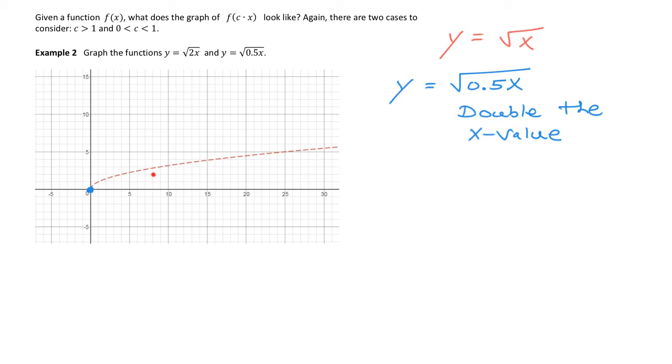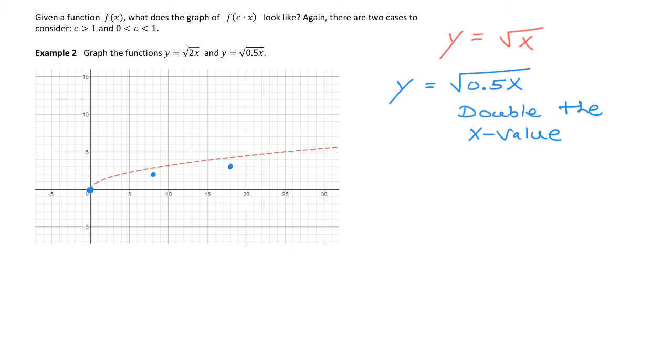So this is going to be the new location, 8, 2. If I maybe just pick one other point, here's 9, 3. If I double 9, that's going to take me out to 18, which is over here. So I now have the point 18, 3.